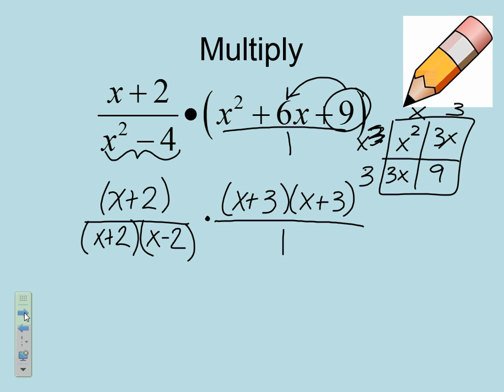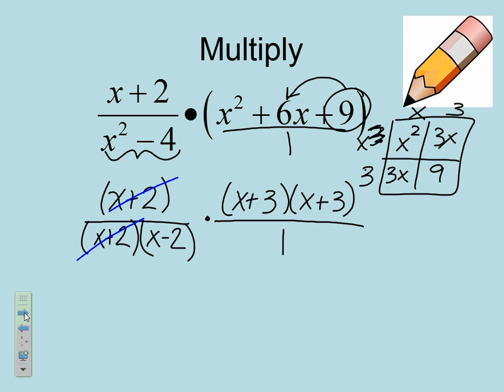So now if we take a look at what's going to happen here, remember you can write them all the way across what you have left. Look for things, factors that are going to cancel here. X plus 2 over an x plus 2. That's it in terms of canceling factors, okay? The x plus 3's are together in the numerator. They will not cancel each other out. So what would we have left?